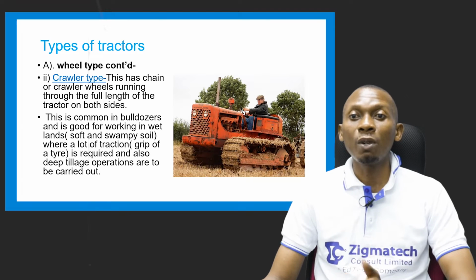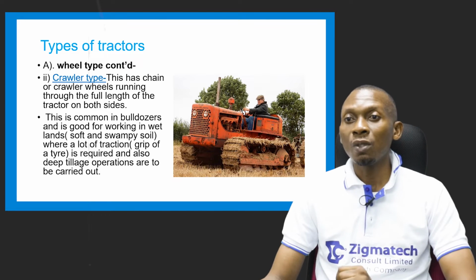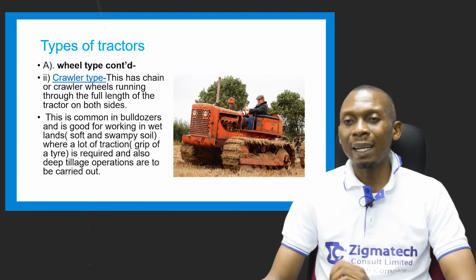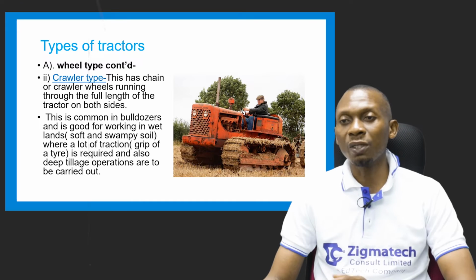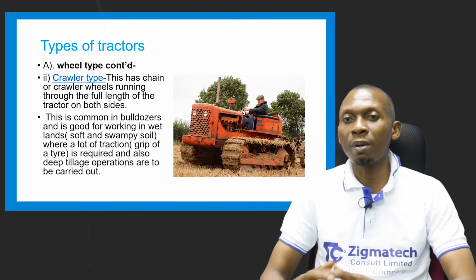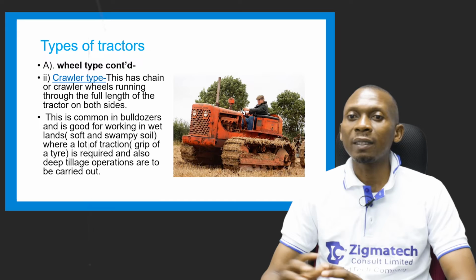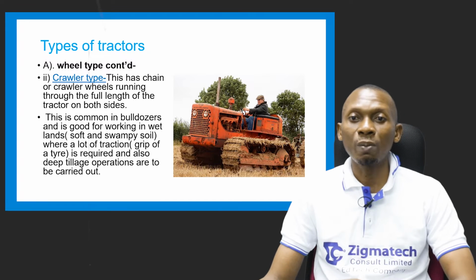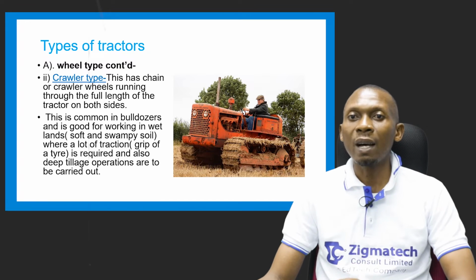Now this is common in bulldozers and is usually used for working on wetlands, those areas that are swampy, that need a lot of traction. That means it needs to have a grip. The tractor needs to have good grip while carrying out its activities, while carrying out its tillage operations. So this is how the crawler type looks like. It's a wheel type tractor.